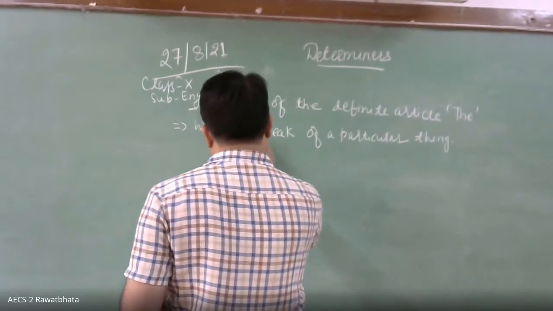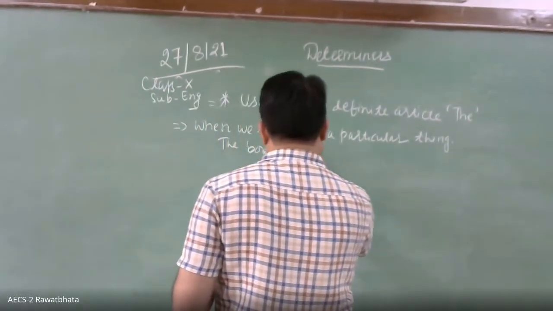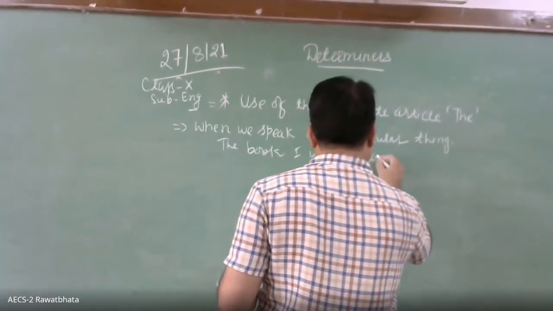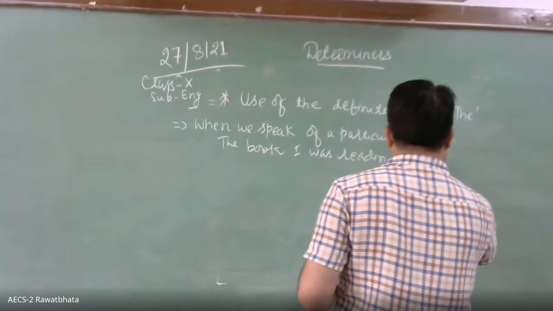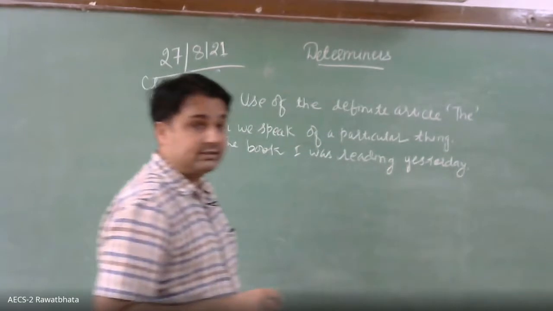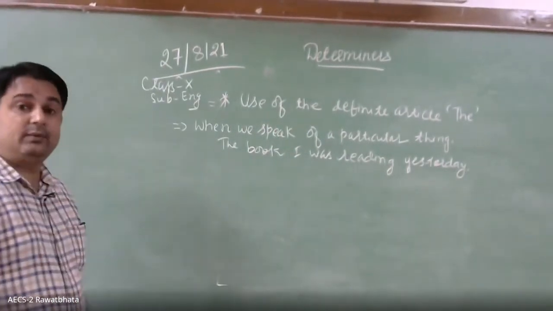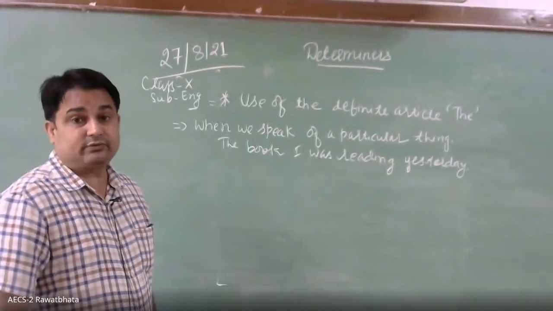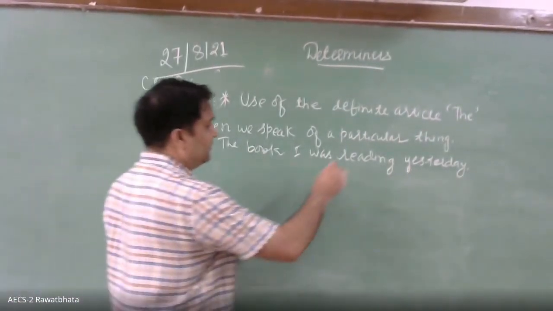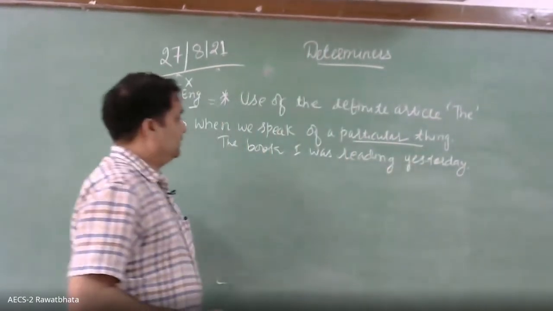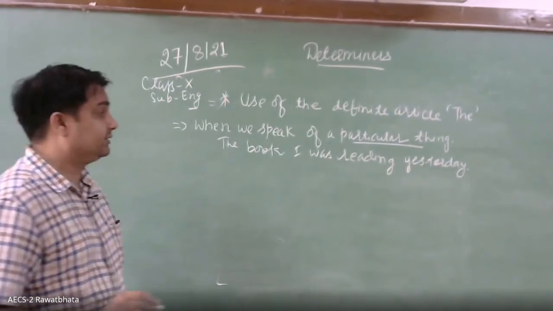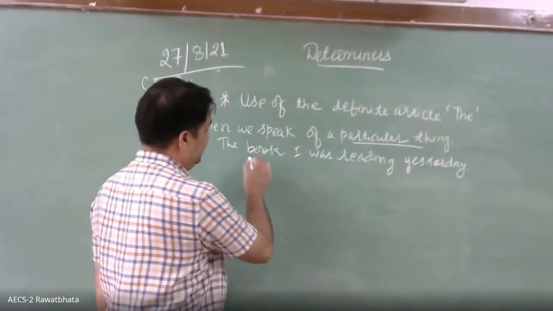The book I was reading yesterday. So in what context is it used? It is used for a particular reference, a particular context. When we speak of a particular thing, as it is given, the book I was reading yesterday.